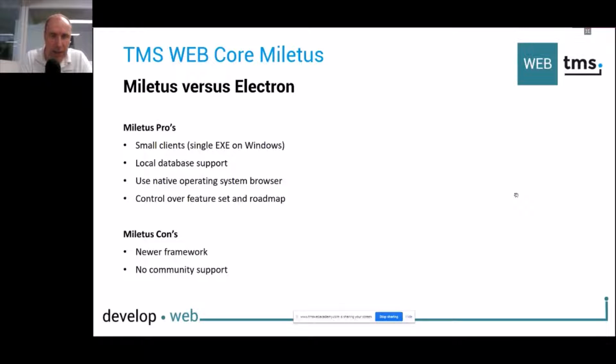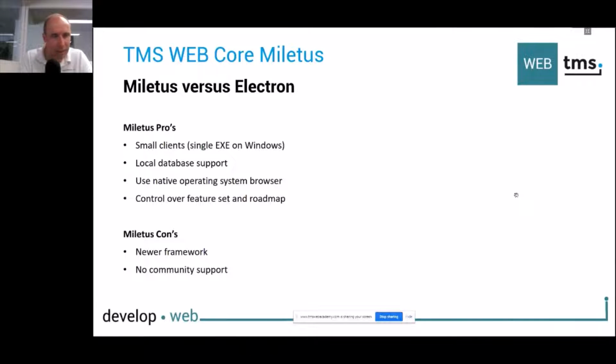That means that if we detect from you, the user of Miletus, specific needs for specific features to expose, for example, specific operating system things, then it's just our team that goes ahead, implements it, and it will become available. That process, if it is ever possible to get that done in Electron, would at least be a longer process than when we can do it ourselves.